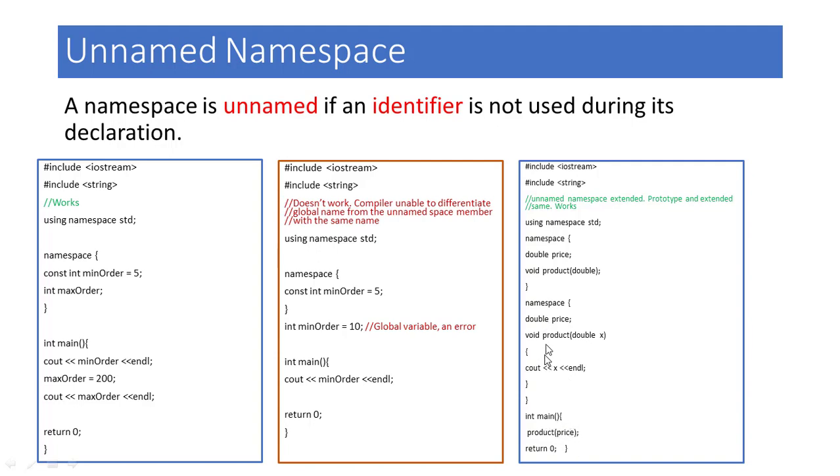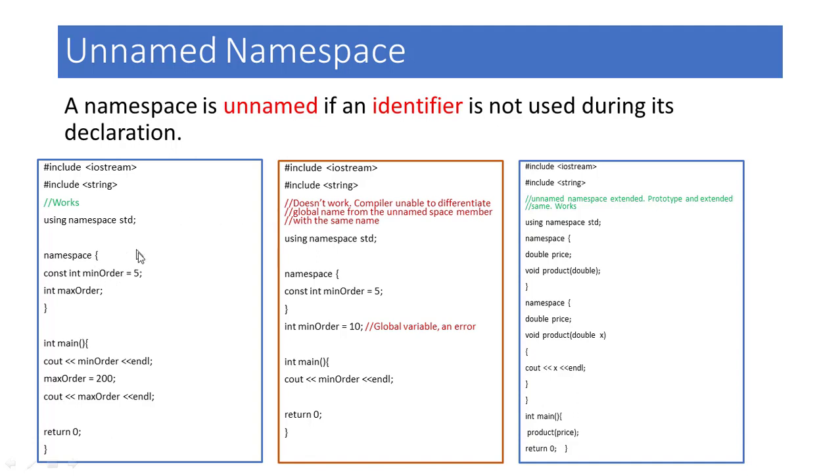So what we are doing here now is we are actually extending this unnamed namespace. So you can extend an unnamed namespace. Once again, when we declare a namespace and fail to give it a name, we say that namespace is unnamed. A namespace without a name as an identifier is said to be an unnamed namespace.